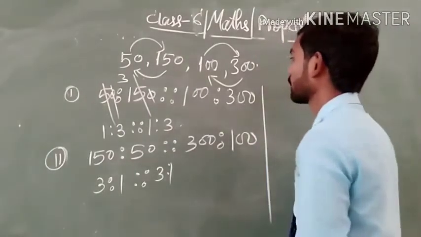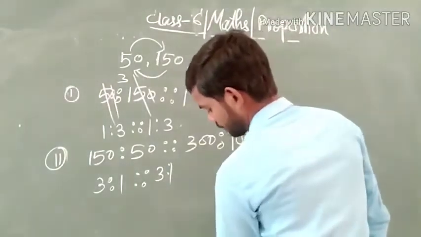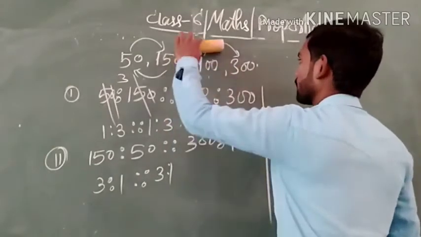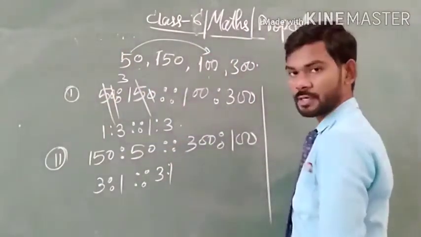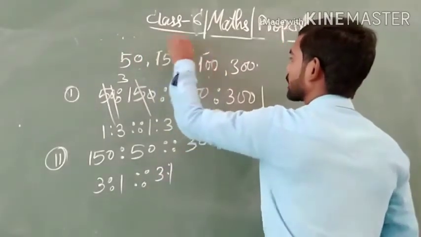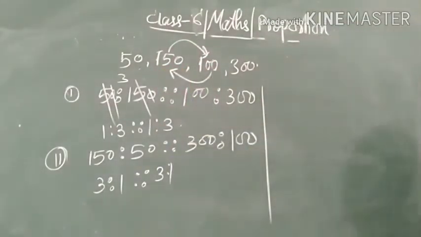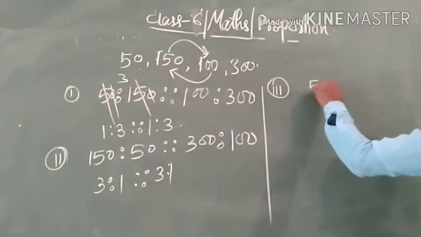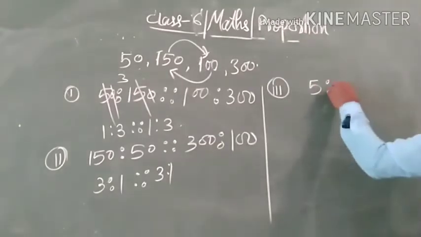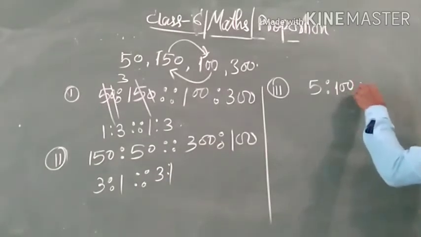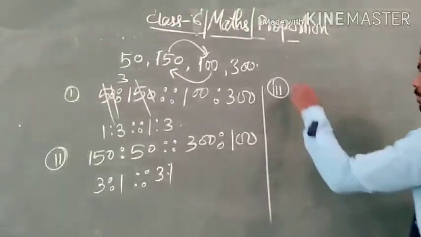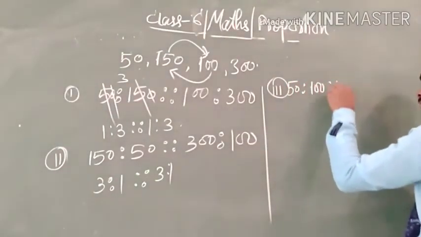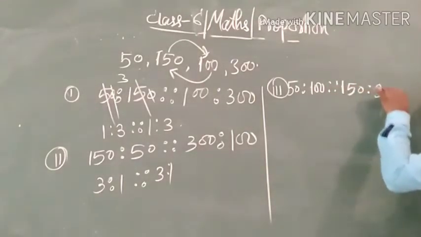If we interchange, no sorry, just change the second place to third and third to second, we shall get the third case, and here we write 50 ratio 100, which is proportional to 150 ratio 300.